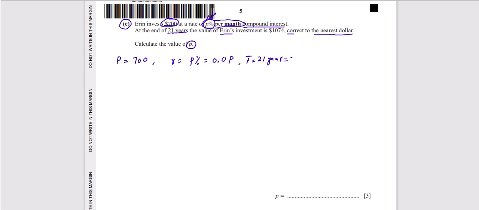So 21 multiply with 12, that is equal to 252 months.